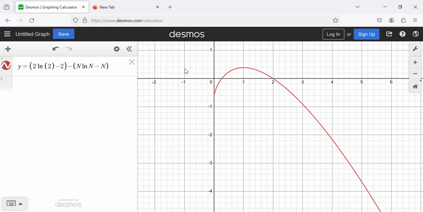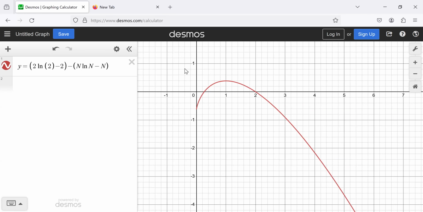Okay, and this appears to be finite. This appears to be going to, well, it's hard to say exactly. Negative 0.515, negative 0.549, negative 0.572. Somewhere around negative 0.56.